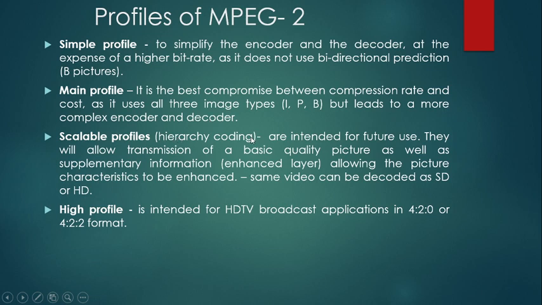And in the hierarchy coding, or more scalable profile, which is intended for future use, they allow for extra or supplementary information which allows the picture characteristics to be enhanced, either in the SD or HD version. And a higher profile is intended only for HDTV applications, either in 4:2:0 or 4:2:2 format.